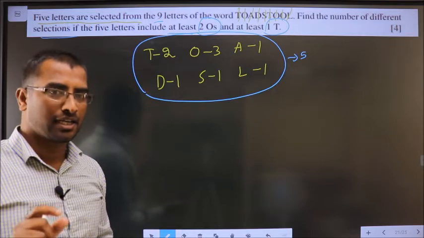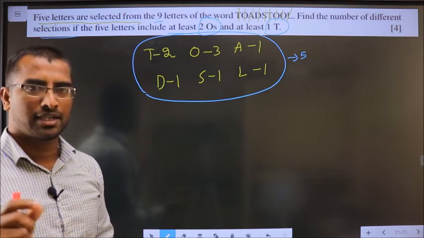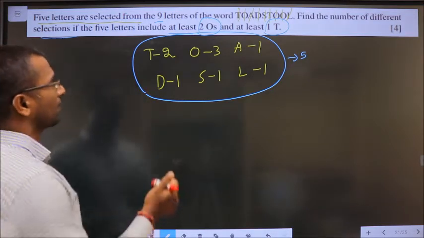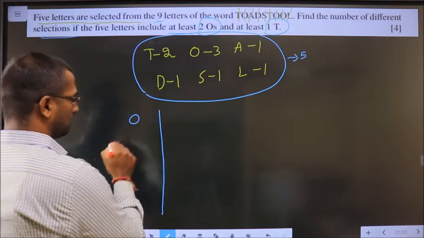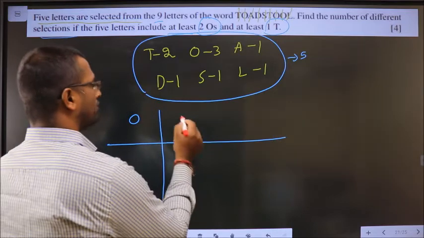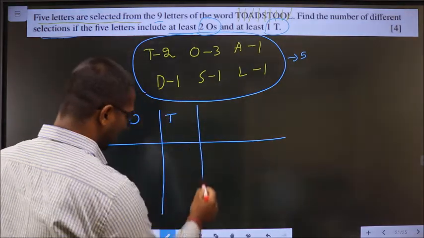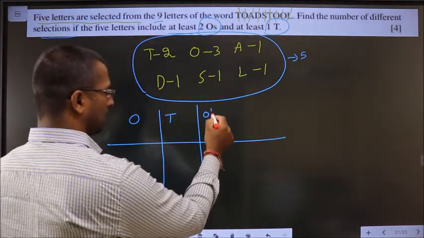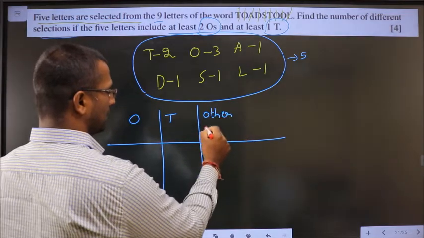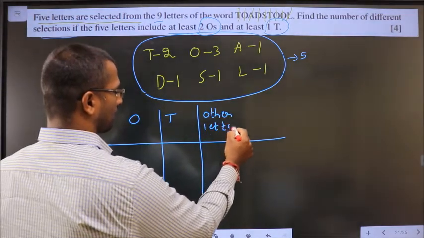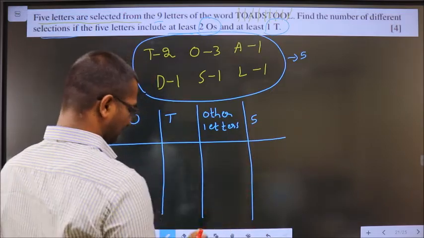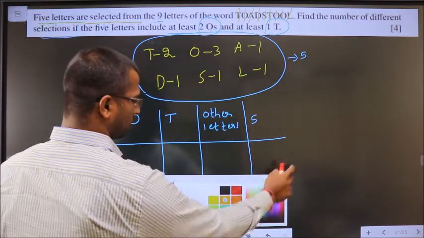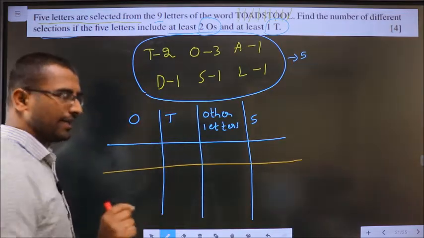Let us write all the options in a table form. I should have a column for the letter O and also for the letter T and also for the remaining letters, that is other letters, and my count has to be 5. Clear?